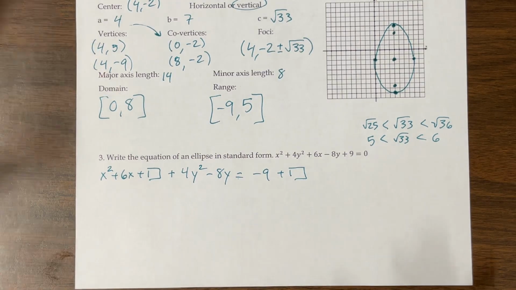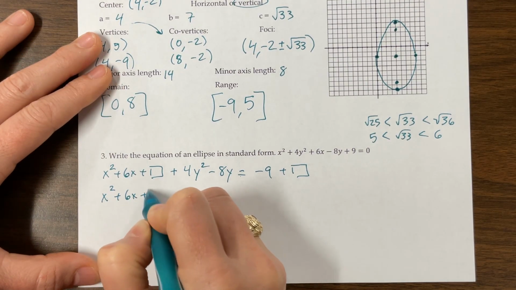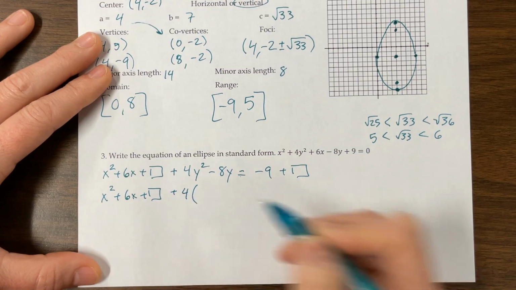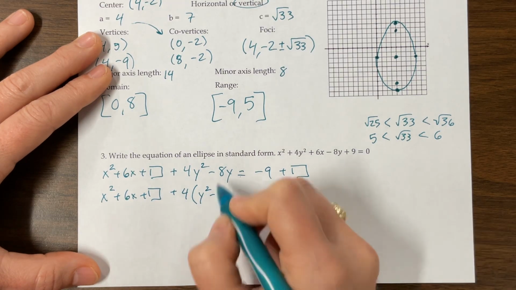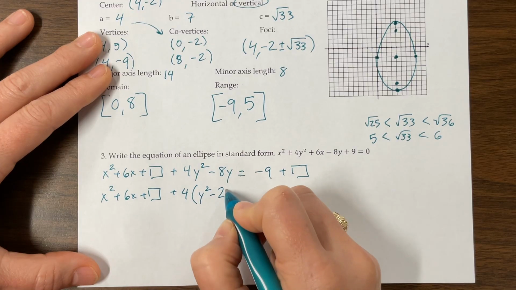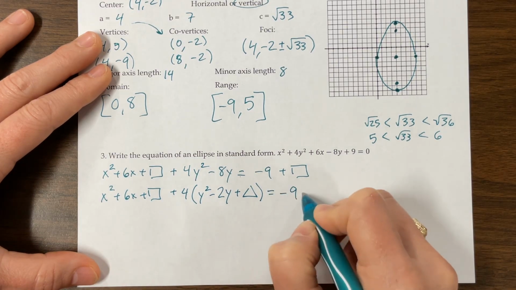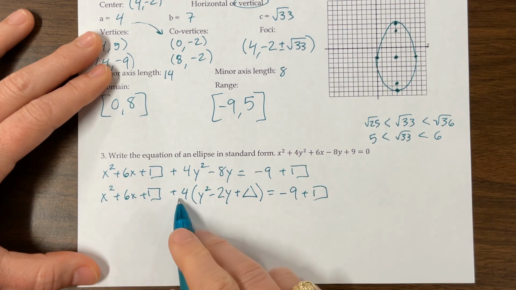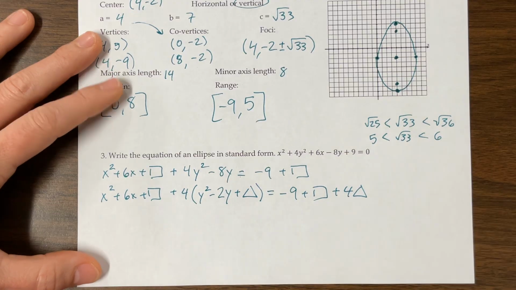I shouldn't have done it yet, but that's fine. So I have an x squared plus 6x plus a box, plus I'm going to factor out that 4, and that gives me a y squared minus 2y plus a triangle equals a -9 plus a box, which we already had, and then now this is 4 times the triangle, plus 4 triangle.